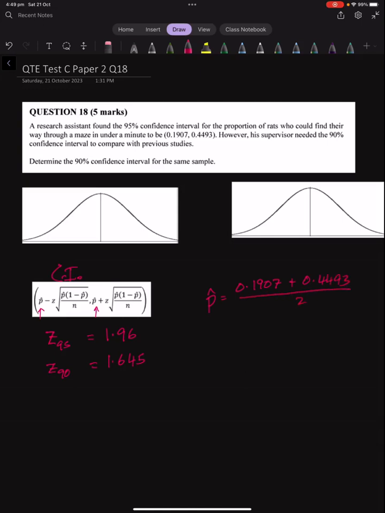Add them together and divide by 2, and we obtain p-hat equaling 0.32. So 2 p-hat equals 0.64 when I add them together, and then, yep, p-hat is 0.32. I can go ahead and find 1 minus p-hat is 0.68.